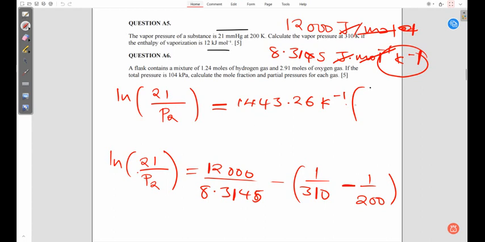So I'm getting a negative 1.7742 times 10 to the power negative 3 K negative, right?